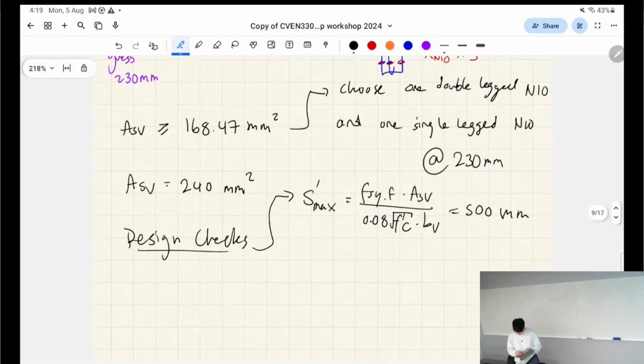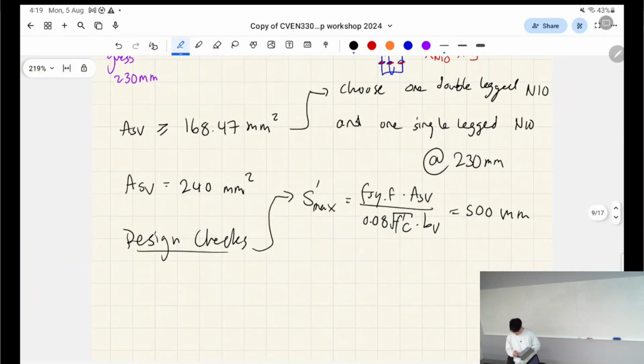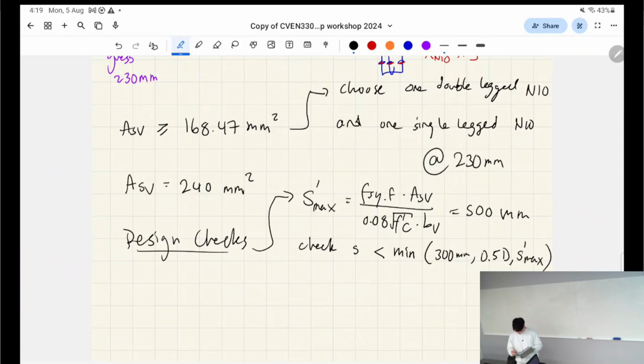So basically big S is 500, and we have to check that our spacing that we chose, 230, is less than the minimum between 300 mil, half of our depth, and big S dash max. Okay.